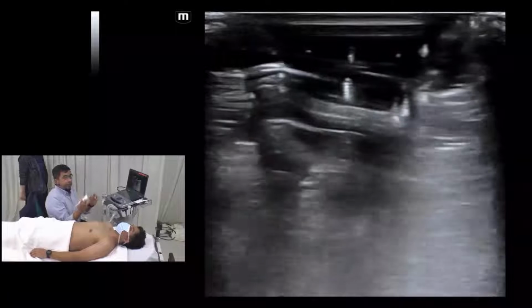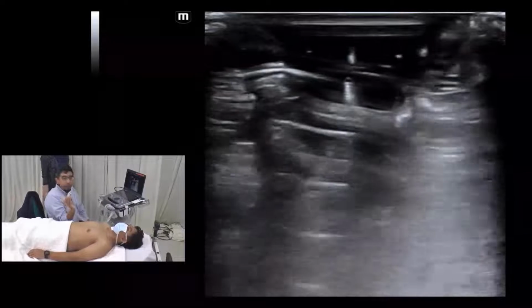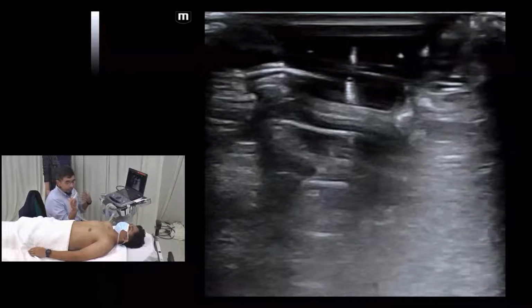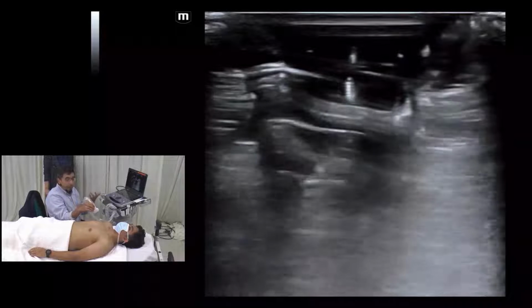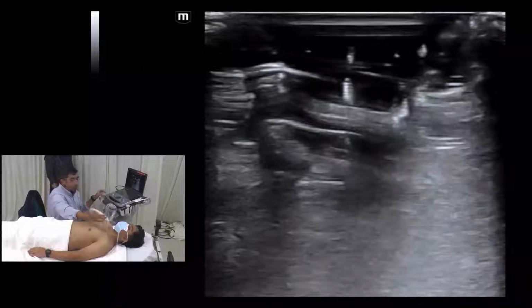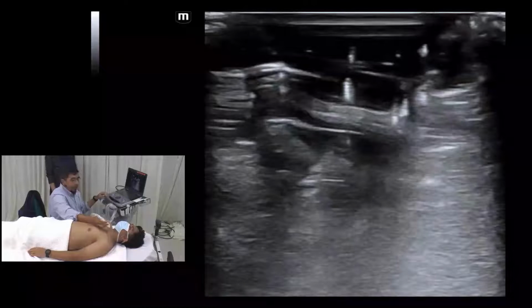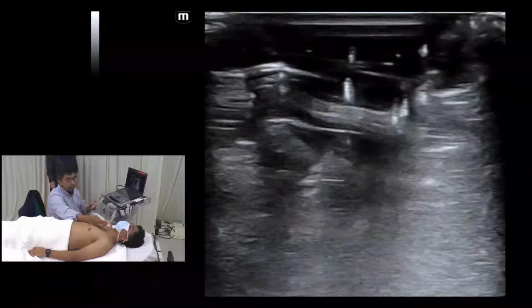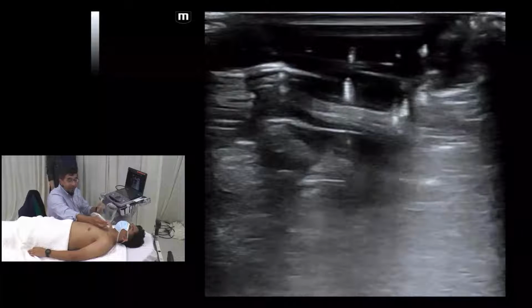Okay, guys. So again, as I mentioned, with the linear probe, by convention, the marker will be on the right side of the patient if we go transverse. If it's longitudinal, we will put it cephalad. As I mentioned earlier, we are going to scan right up from the thyroid cartilage right down the trachea.